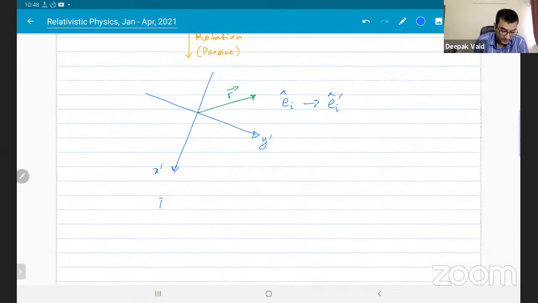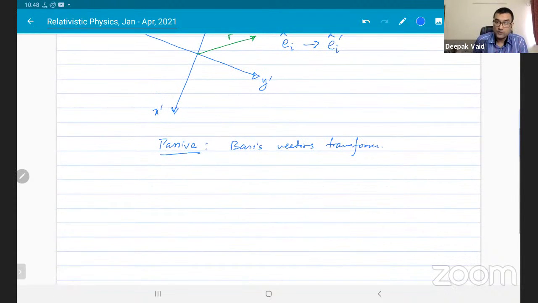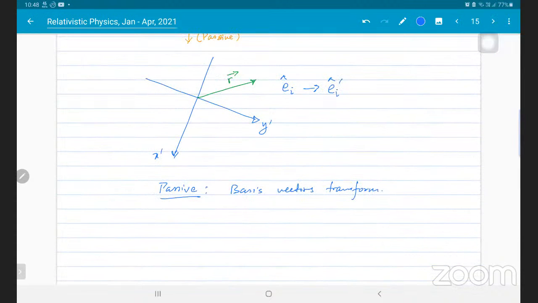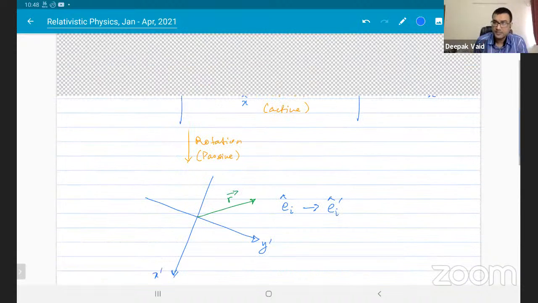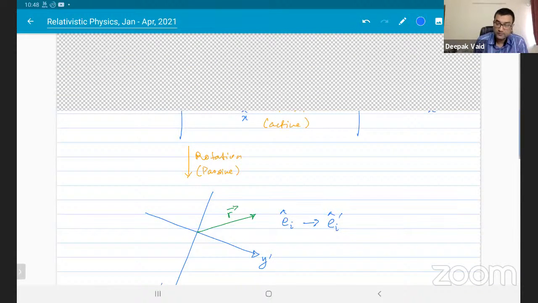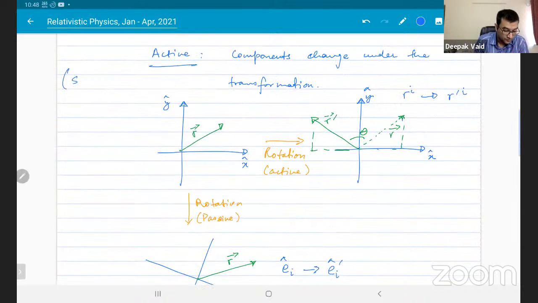Now for those of you who are familiar with quantum mechanics, we have two different representations. One is called the Schrodinger representation, one is called the Heisenberg representation. You can think of these as active and passive.